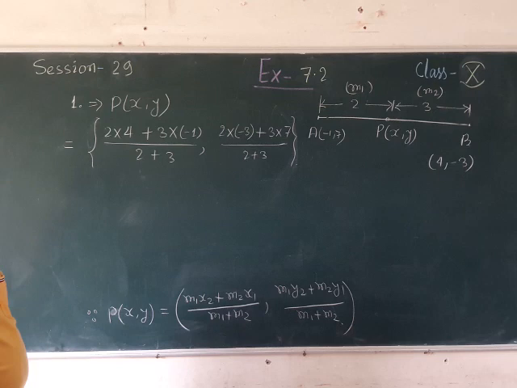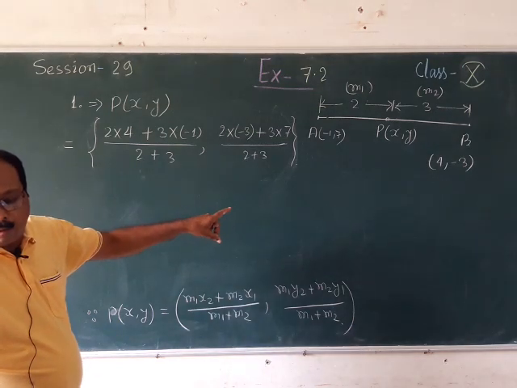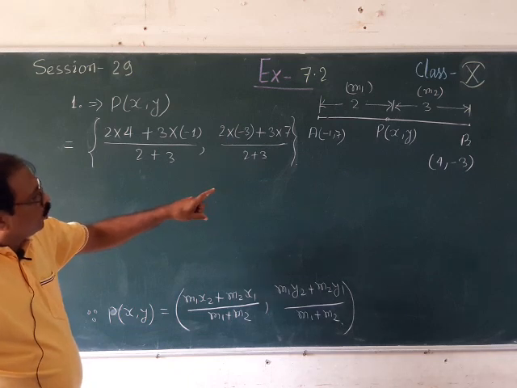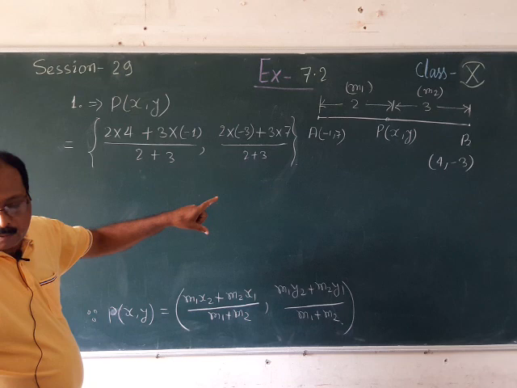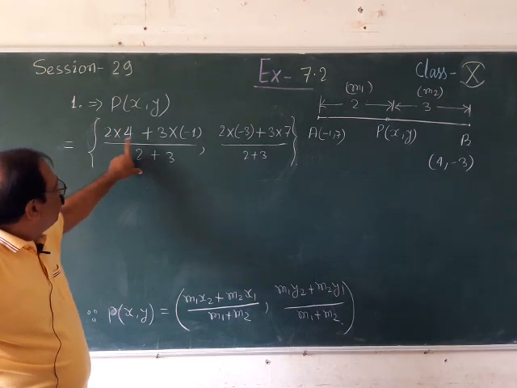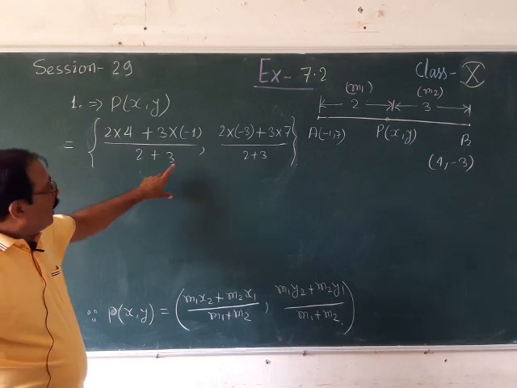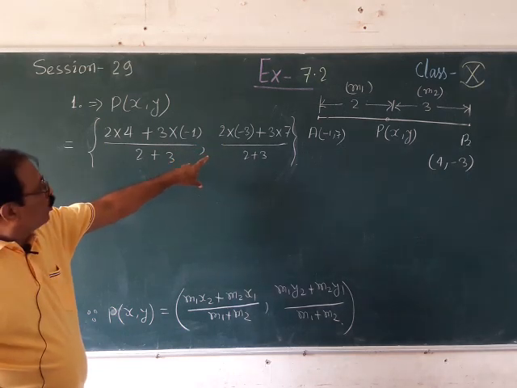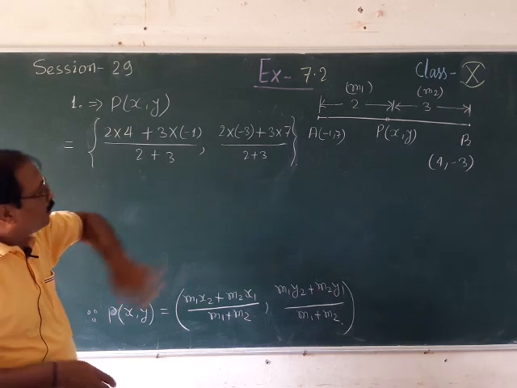So what answer? 2 into minus 3, 2 into 4 plus 3 into minus 1 upon 2 plus 3, and that side it is 2 into minus 3 plus 3 into 7 upon 2 plus 3.